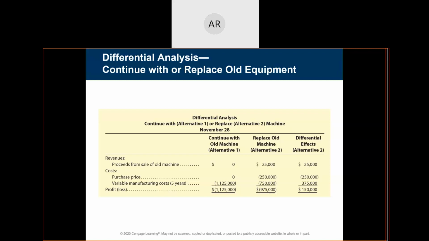I agree with you, and that is excellent logic as well. And another way, if you really wanted to get technical with this decision, we see that the variable manufacturing costs are 750,000 if we replace the machine versus the 1.125 million.